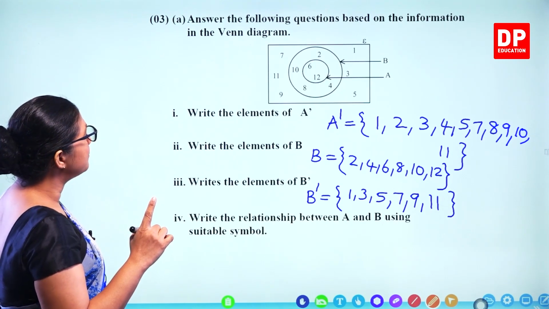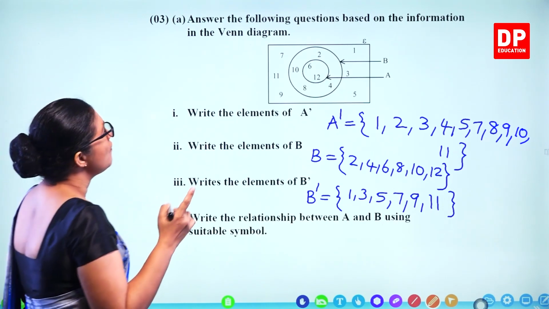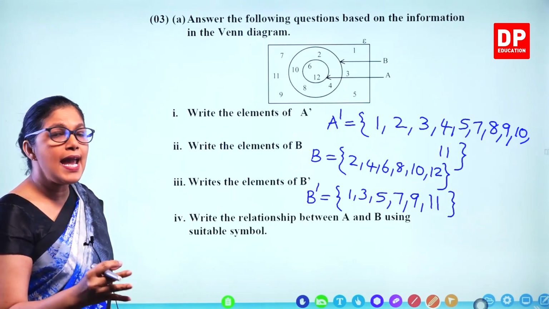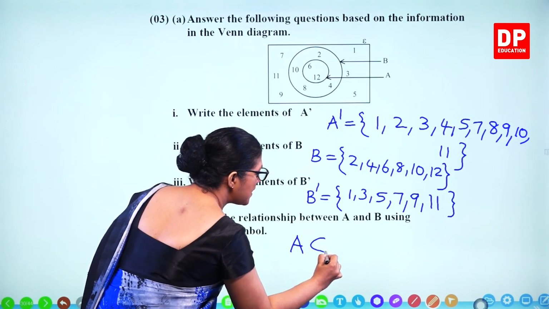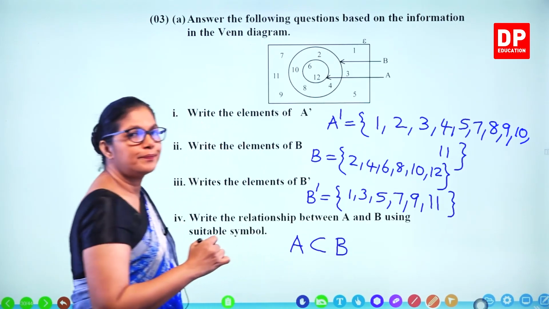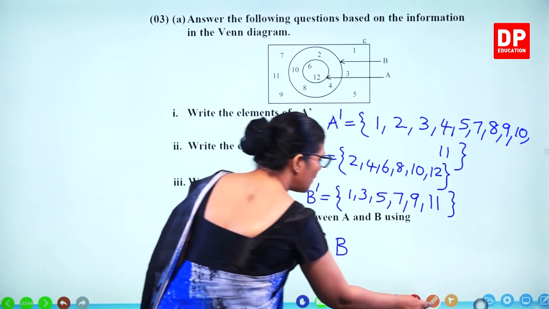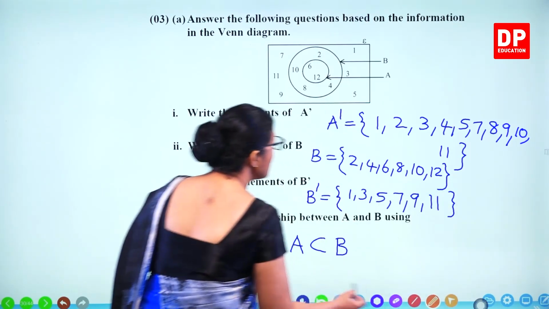Write the relationship between A and B using a suitable symbol. We know that all the elements in A are in B. So A is a subset of B. So that's the relationship. We'll see how many marks for these questions.